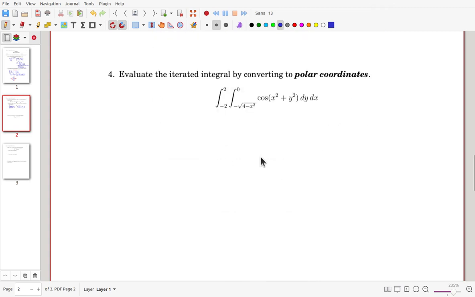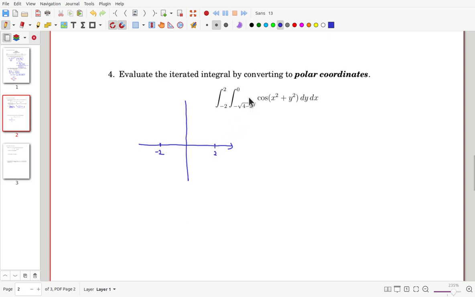Okay, now number 4, evaluate the iterated integral by converting to polar coordinates. First, you have to recognize the domain. Now x is moving from minus 2 to 2. This is the y-axis, and x is moving from minus 2 to 2.